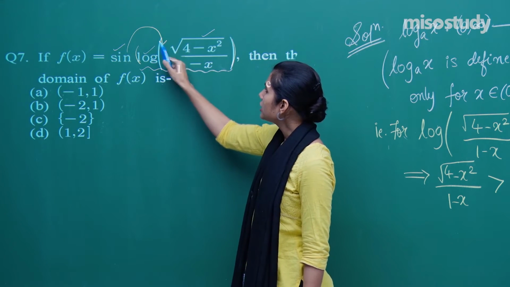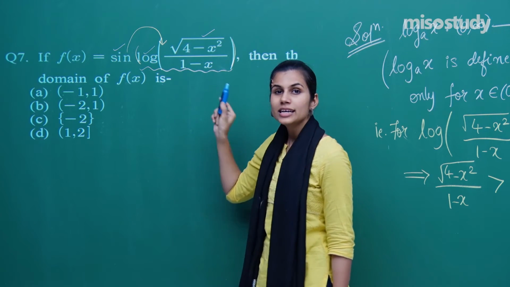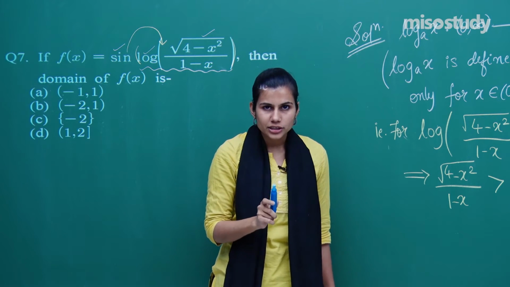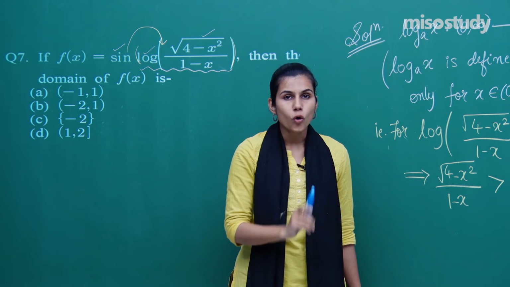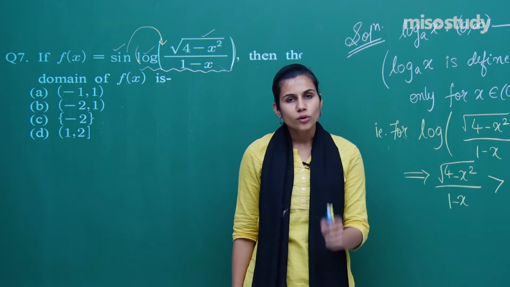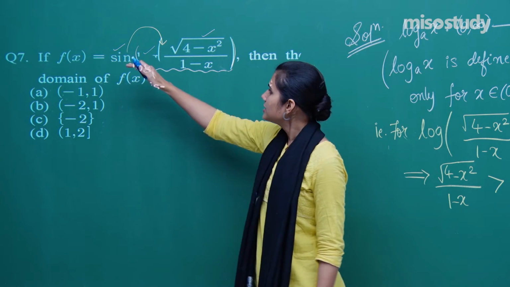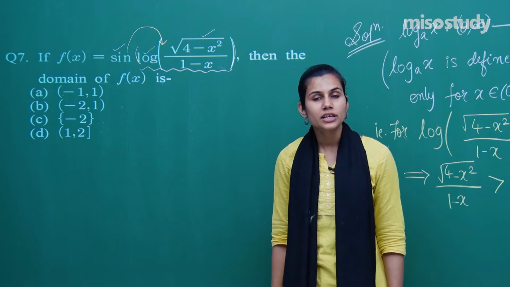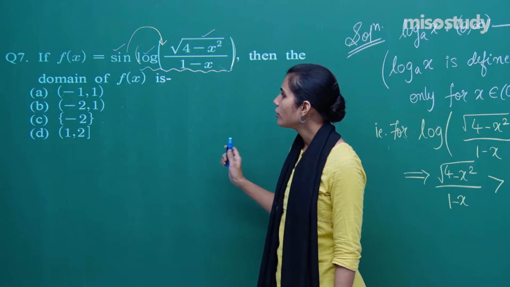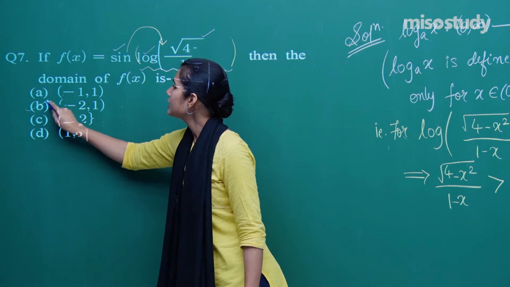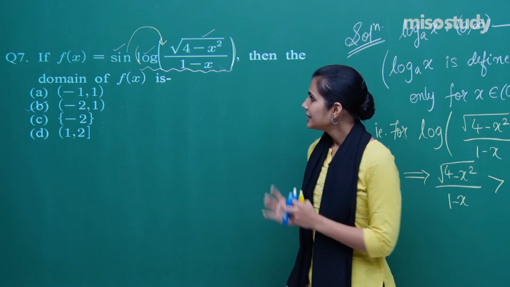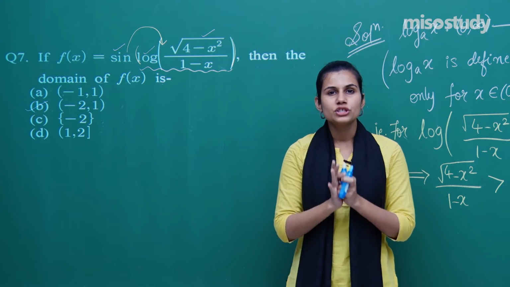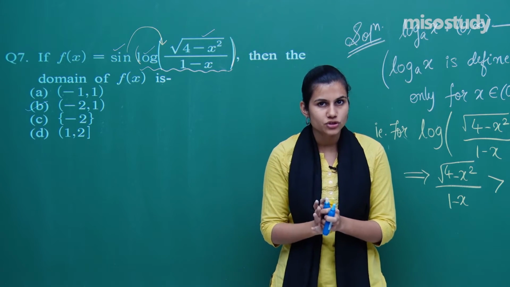This expression is real only when x belongs to the open interval -2, 1. And so only for these x's, this entire function is going to deliver real values, and therefore -2, 1 given by option number B is the correct answer. That is the logic which is used behind solving this question.